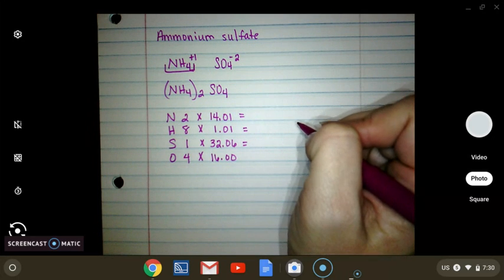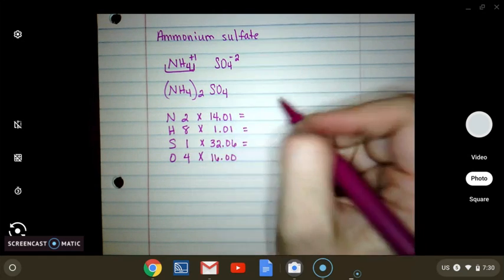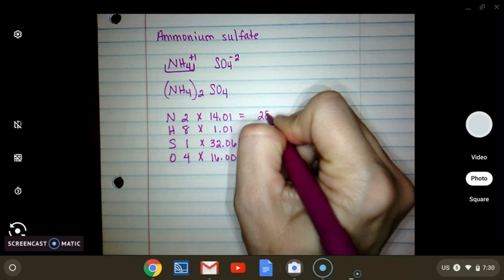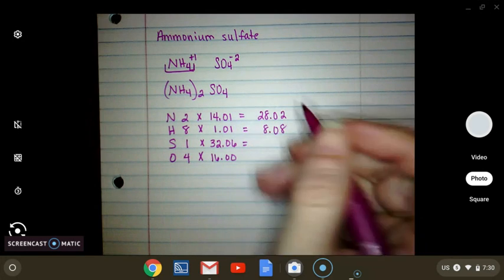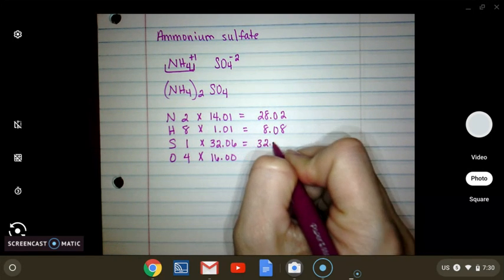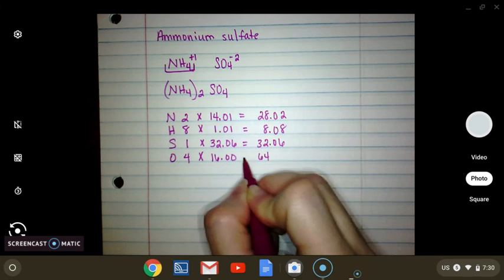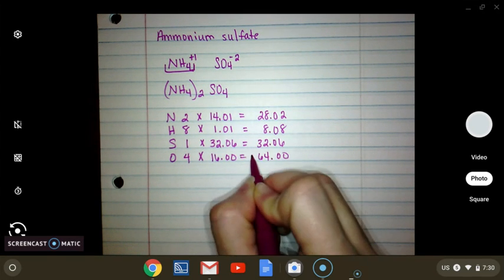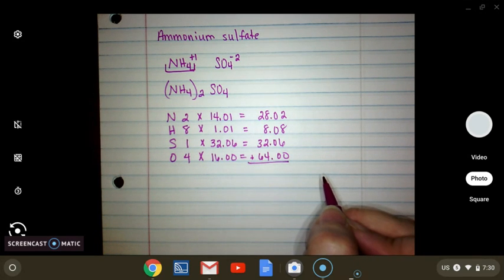All right, when you multiply them out, 2 times 14.01 is 28.02. This will be 8.08, 32.06, and 4 times 16 is 64. All right, then you're going to add them all together.